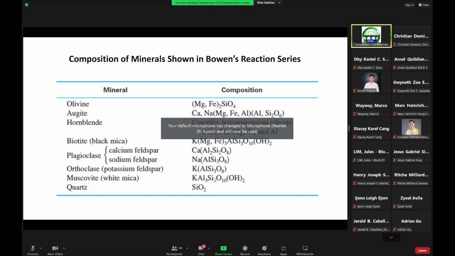Then for muscovite and quartz, I guess by now you're already familiar with these chemicals. Please take note of them, because later on, when we go to the clay minerals, some of these chemicals will be mentioned again with respect to their reactions within one another.